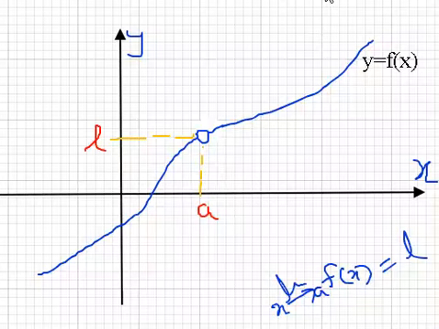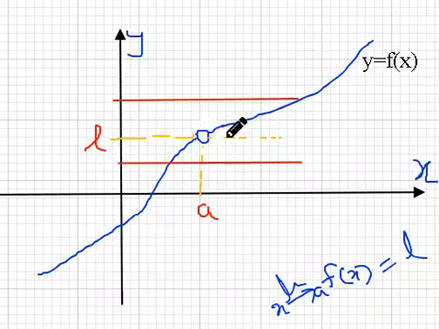Let's see how to do that. I consider any ribbon around this L, right? The width of this ribbon, the entire ribbon strip or vertical strip, is 2 epsilon. Let me draw this one.